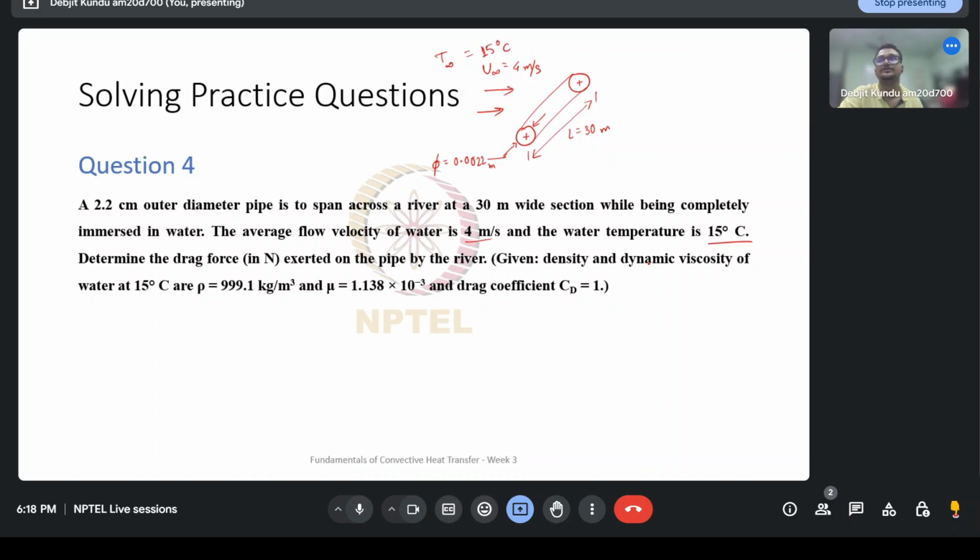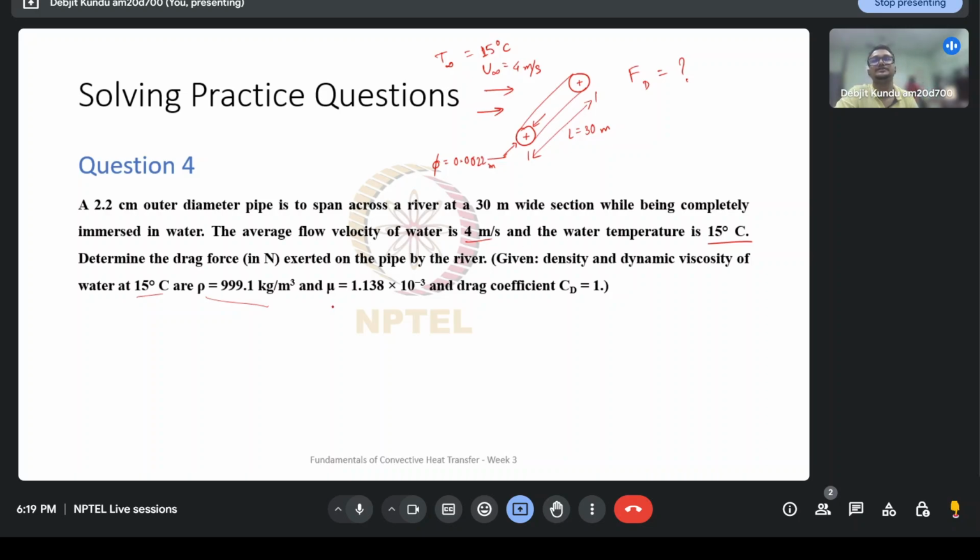Determine the drag force in newtons exerted on the pipe, given the density and dynamic viscosity of water at 15 degrees Celsius. So rho is 999.1 and mu is 1.138 into 10 power minus 3, and the drag coefficient is also given, CD, which is equal to 1. So basically there is a drag force acting on this. We have to find out how much that is.